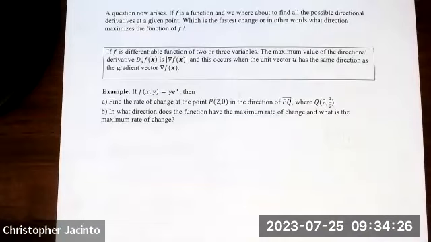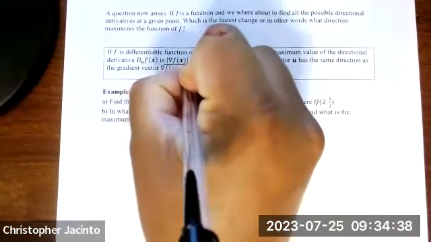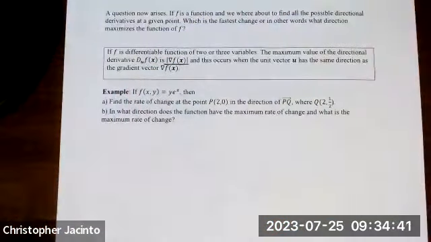So if f is a function of 2 or more variables, the maximum value of the directional derivative, D_u f, is the magnitude of the gradient vector, and this occurs when the unit vector u has the same direction as the gradient vector.